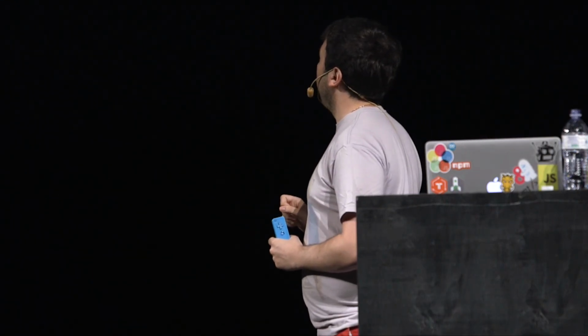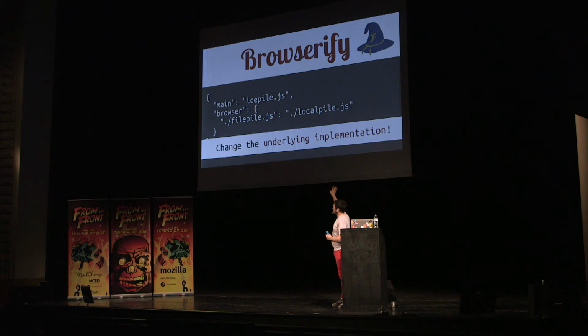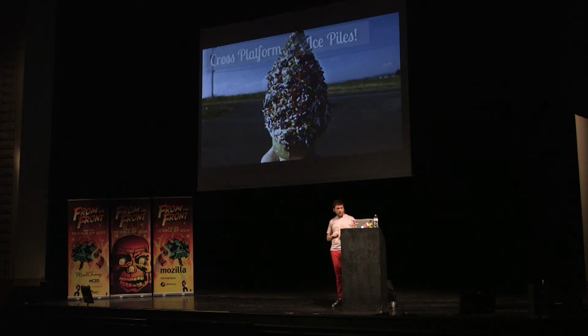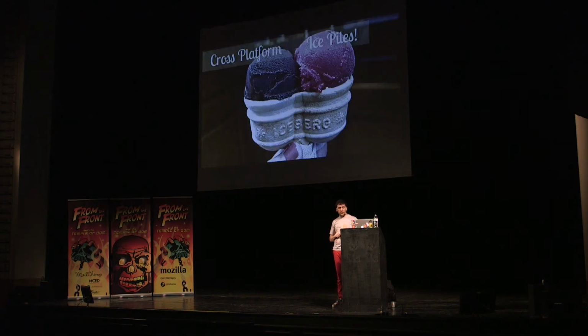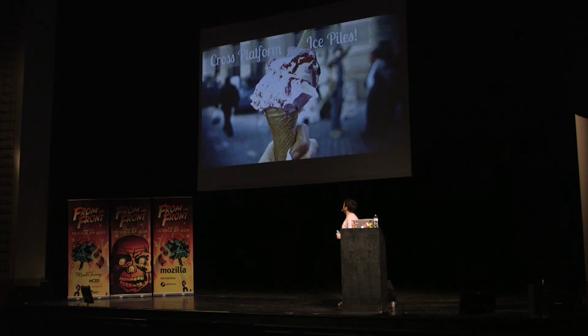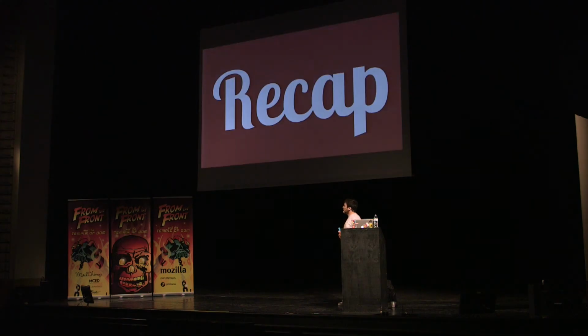And I'll be able to not just recompile the whole thing, but just change the bits that are necessary to change for the browser. And in this case, I just wanted to change the service that persists data, right? So you get cross-platform ice piles. And that's pretty awesome.